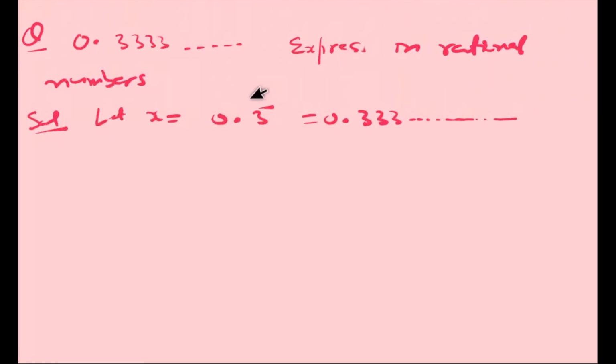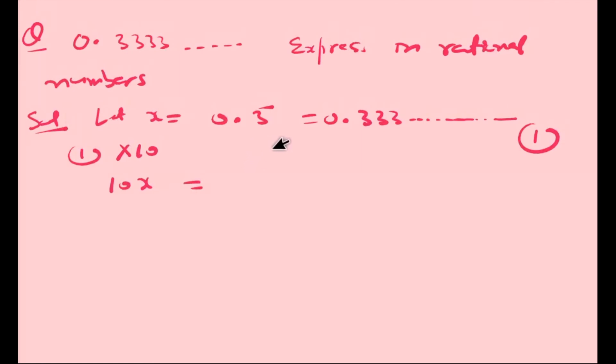Now we see that only one digit is repeating. So in this equation we multiply by 10 only. If two digits are repeating, then we multiply by 100 and so on. So first multiplying by 10, we get 10x.